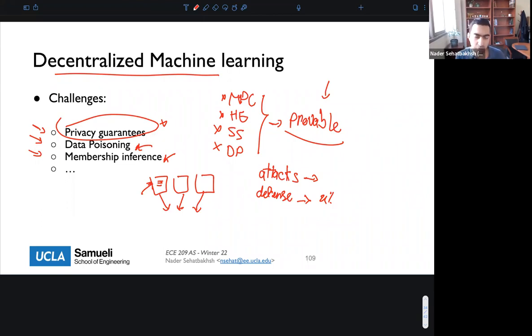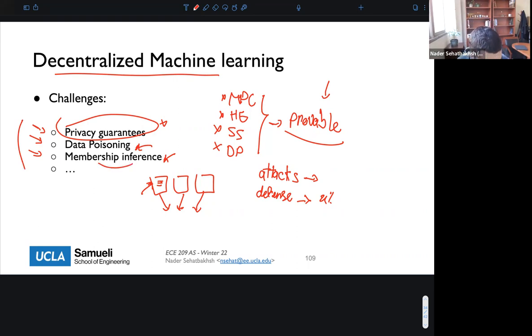So it's trying to deal with the notion of what would happen even if a certain percentage of the inputs are poisonous. And then there are systems methods to verify and authenticate users and inputs, anomaly detection, and so on. So attacks and defenses for decentralized machine learning is a really active area of research.